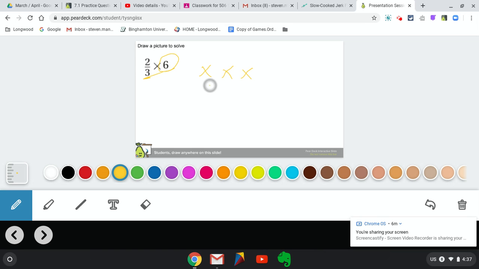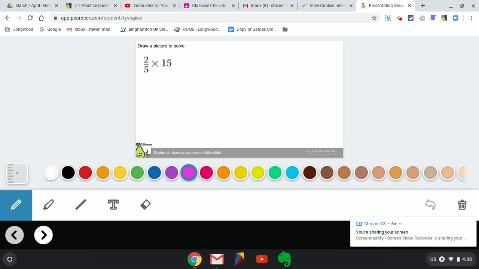So right now, 3, 4, 5, 6. And then I'm looking at my numerator to tell me how many columns I have to circle. 1 column, 2 columns, because that's my numerator. Count up how many there are. 1, 2, 3, 4 of them were circled. Our answer is 4.